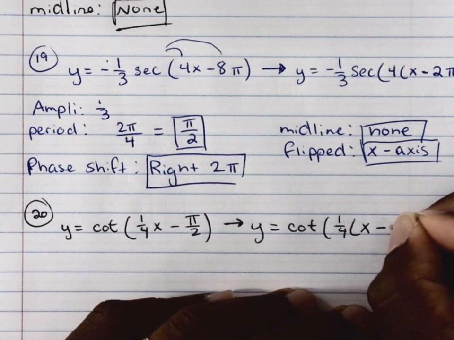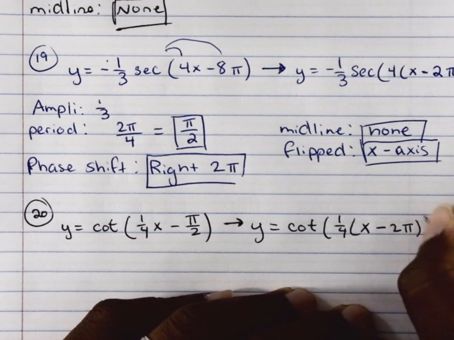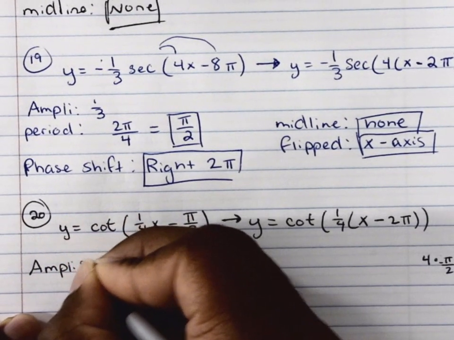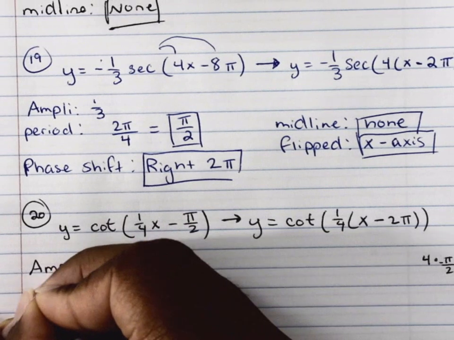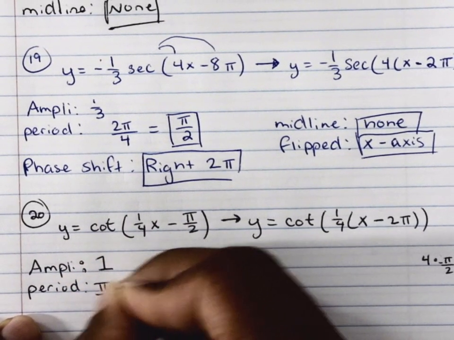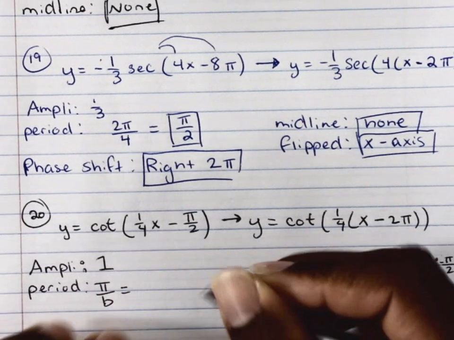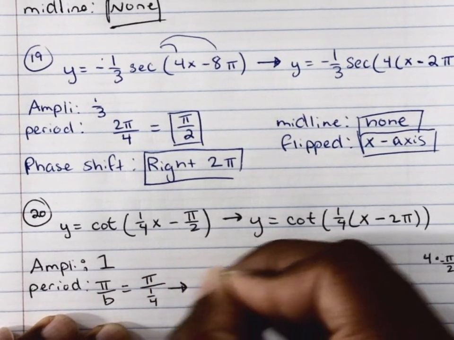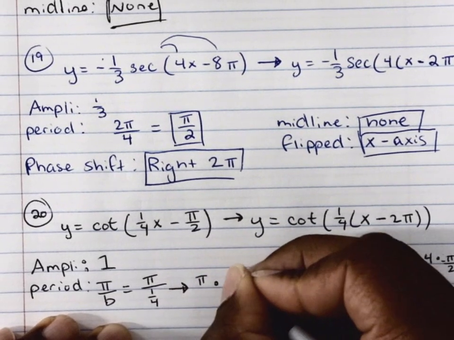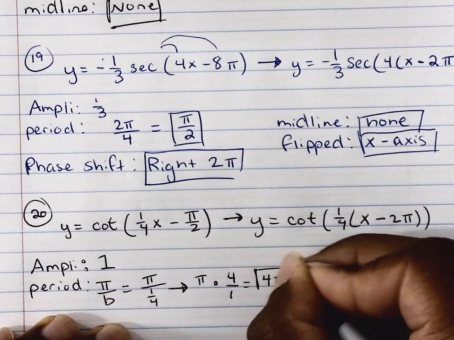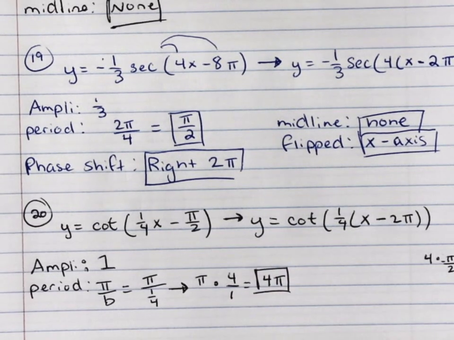So I'd say minus 2 pi. So then that gives me amplitude 1, period of cotangent is pi over b. So pi over 1/4. Keep pi, multiply by 4 over 1, and I get 4 pi as my period.